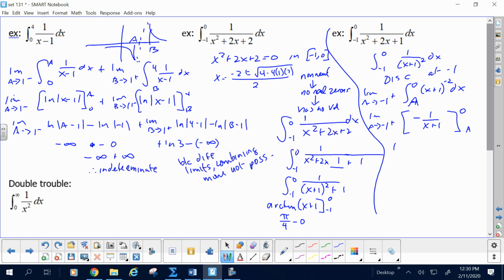So the limit as a approaches negative 1 from above of negative 1 over 1, plus 1 over a plus 1. As a goes to negative 1, the denominator approaches, tell me if it would be infinity or negative infinity.